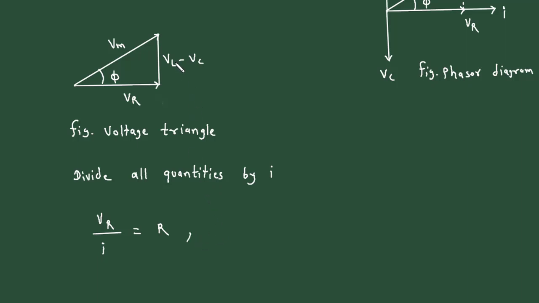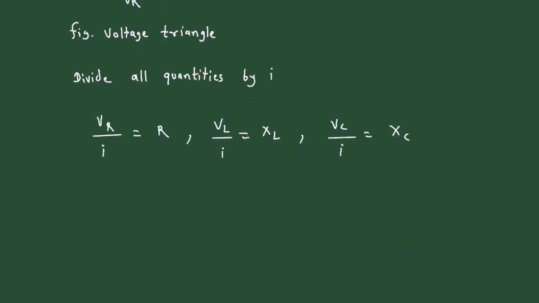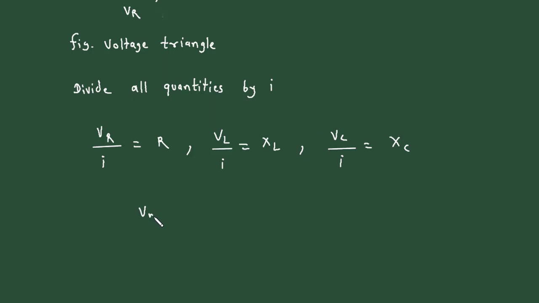Then VL by I is called inductive reactance XL. And VC by I is called capacitive reactance XC. And when we divide Vm by I, it is called impedance.